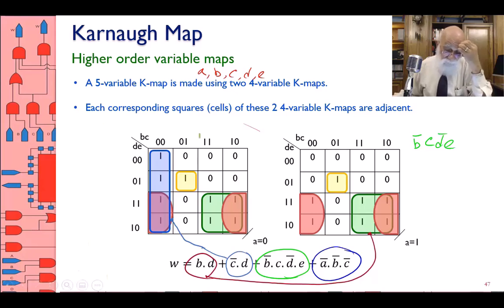Now, do I have other prime implicants? Of course I do. This is a prime implicant. Okay. Why didn't I consider it? Because I have essentials that have already taken care of all my minterms.